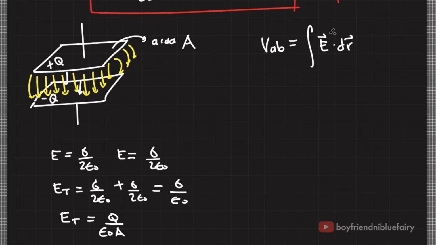And if this electric field is uniform, we could just rewrite it as ED. In our case, the D here is the distance between the two parallel plates. And the electric field is the total electric field that's being sandwiched by the two conductors.